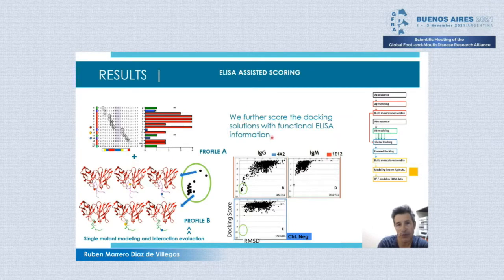Finally, we further scored the docking solution with functional ELISA information. Here we take that solution and calculate every single point mutation. I mean computationally calculate it, to determine the interaction energy. We determine a profile in silico and a profile emerging from the ELISA.